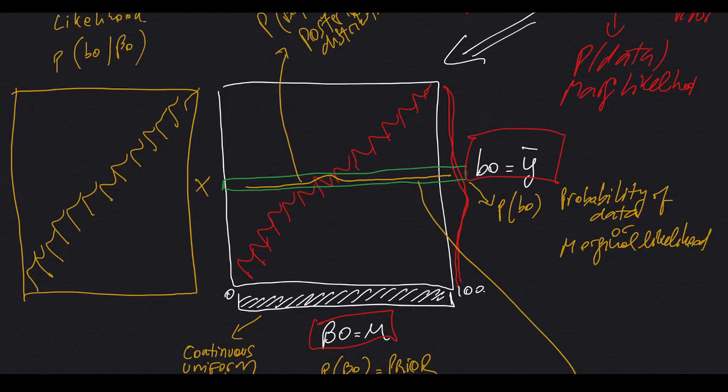And for the prior, we use a continuous uniform distribution in this case. So instead of using a normal, we use a continuous uniform, and by doing that we assign an equal probability to all the possible values between 0 and 100. Okay, then we use the likelihood.